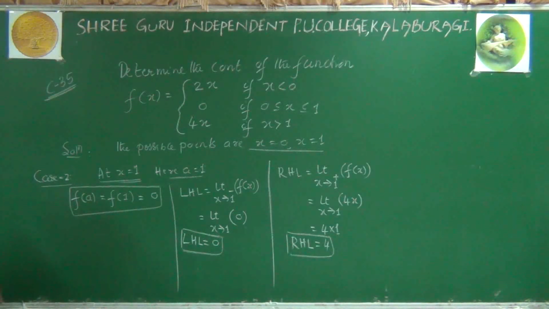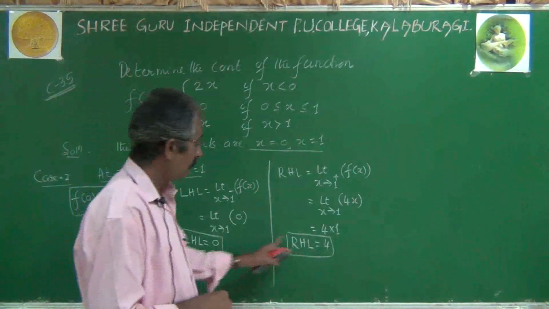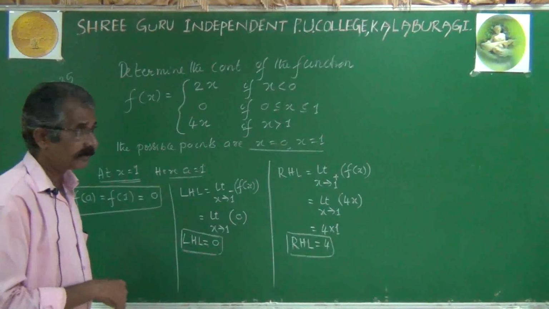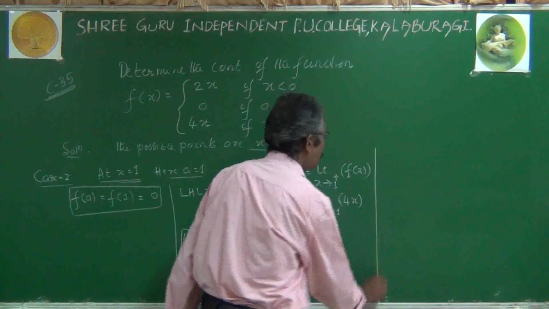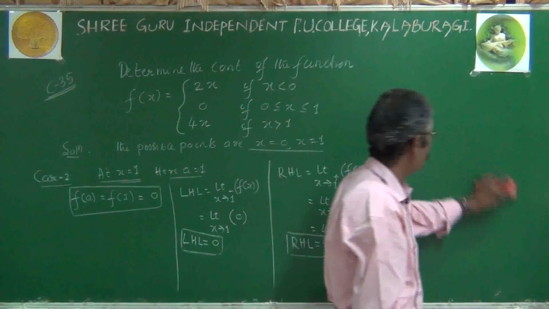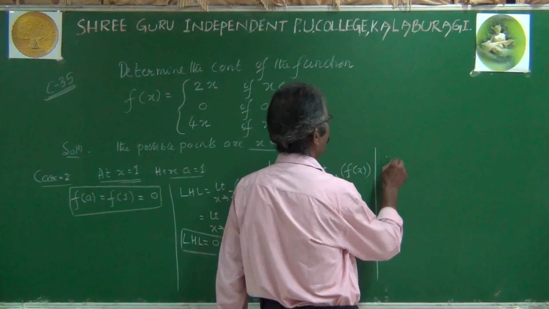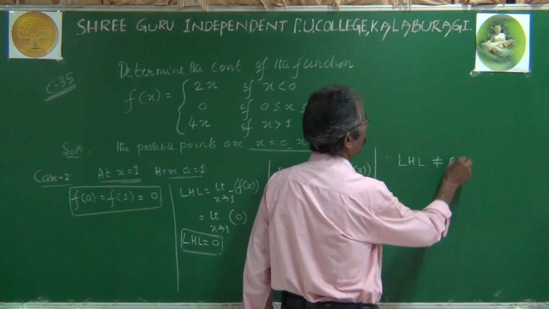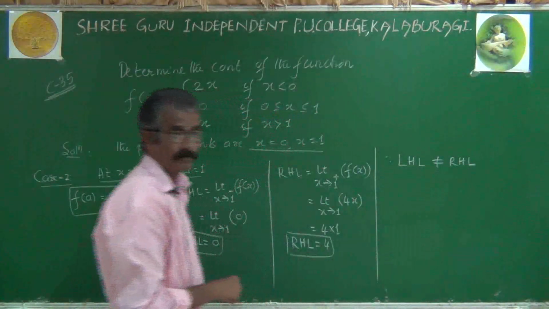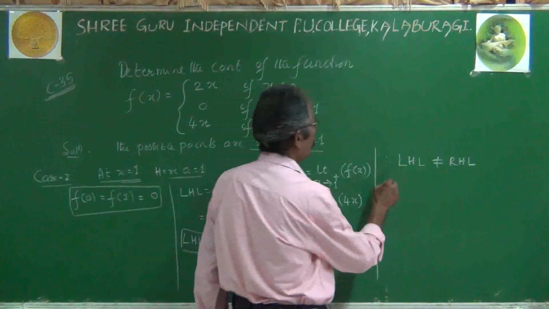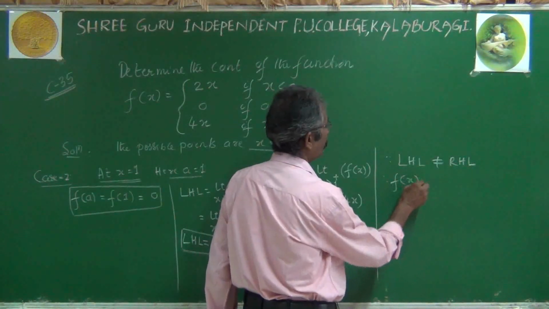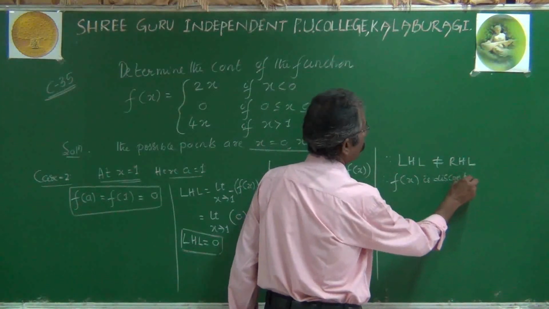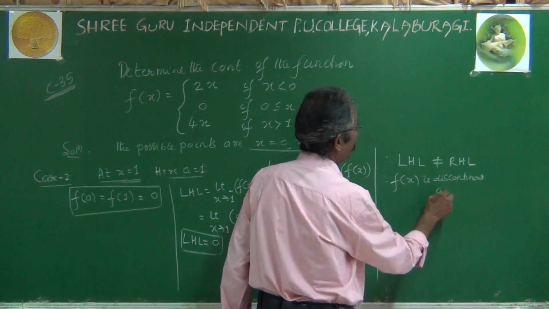What we can observe is that left hand limit is 0, right hand limit is 4, they are not equal, so the function is discontinuous at x equal to 1. Since LHL not equal to RHL, therefore f of x is discontinuous at x equal to 1.